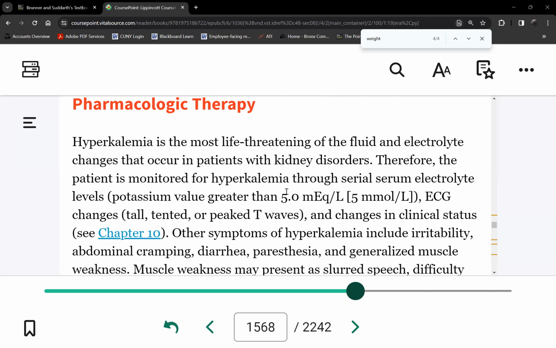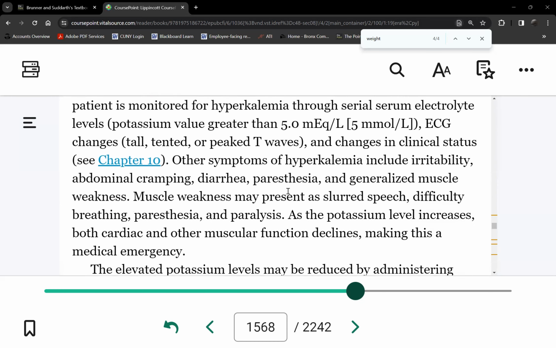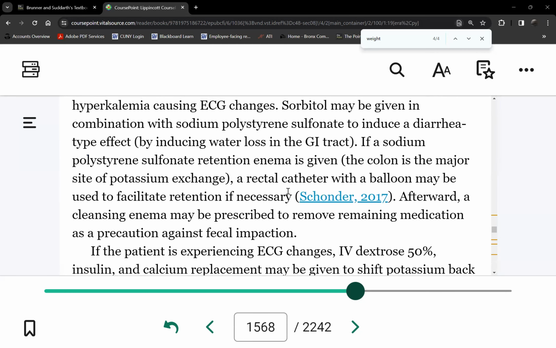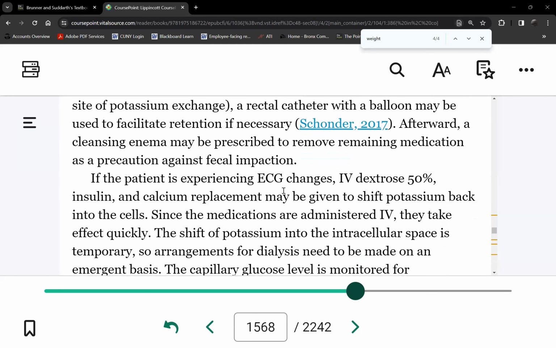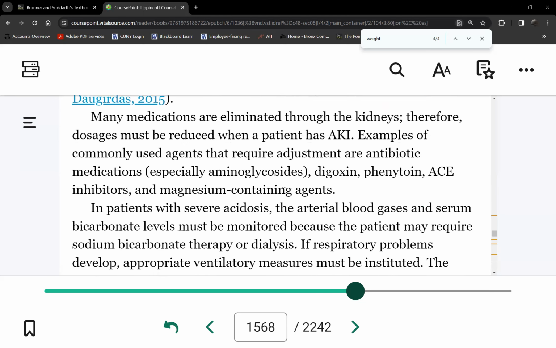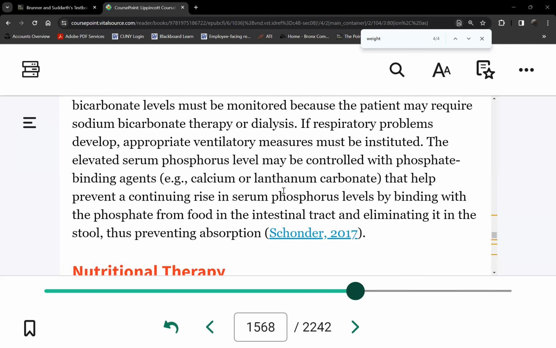Calcium gluconate, sodium bicarbonate, right? Okay, so all of those. So they repeat it here. And what's the priority again when we're dealing with high or low potassium? Cardiac monitoring. Very good.